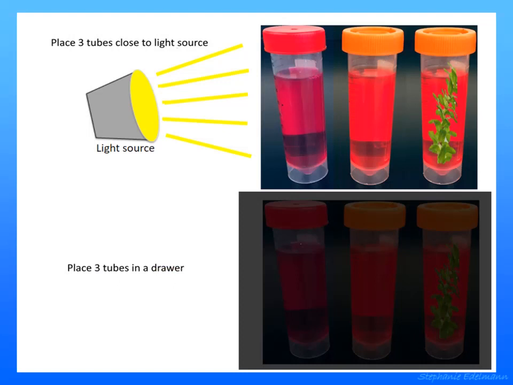All right, so here we are. We're going to put 3 of these tubes close to a light source, close to the sunlight maybe, if we have sunlight. If not, then just a strong lamp will do. And 3 tubes on the bottom, they go in a drawer.